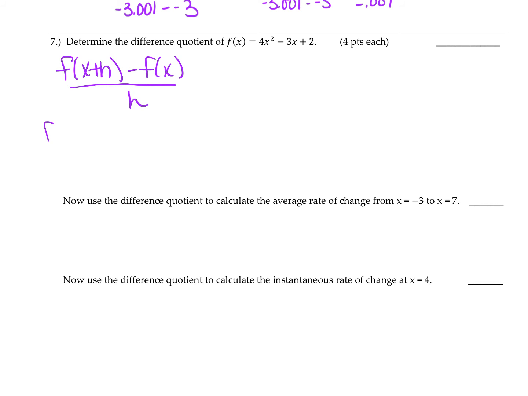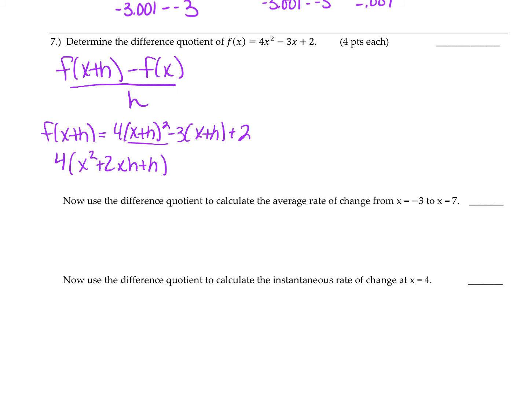The first thing I want to find is f of x plus h, which would equal 4 times x plus h squared minus 3 times x plus h plus 2. If I'm squaring this, I'm going to get x squared plus 2xh plus h squared. Remember, you are technically doing x plus h times x plus h, so if you need to multiply that out by hand, feel free.